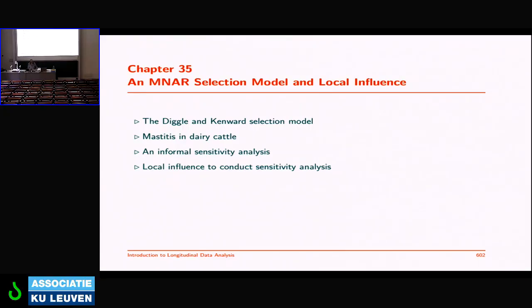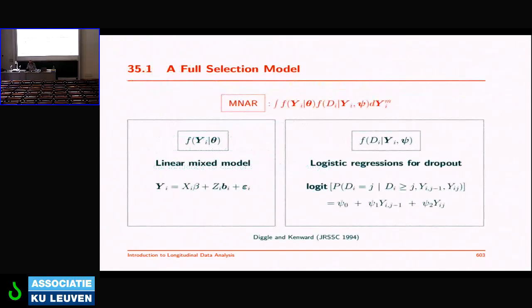Good. So, in 35, we're going to consider the so-called Diggle and Kenward selection model, and you already see that we will continue with some forms of sensitivity analysis. So, again, we start here at the beginning of slide 603 with the concept of a missing not at random, fully specified model, where you have a component describing the outcomes, and that's the variable of primary interest.